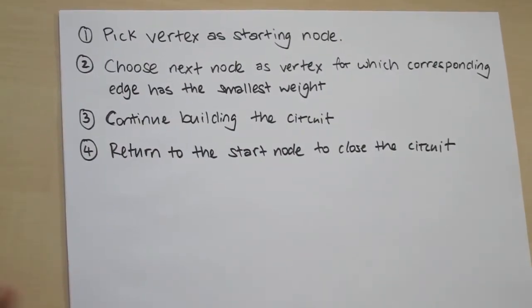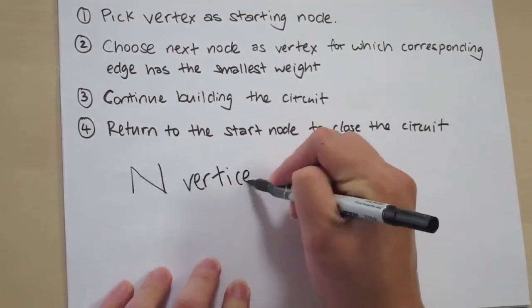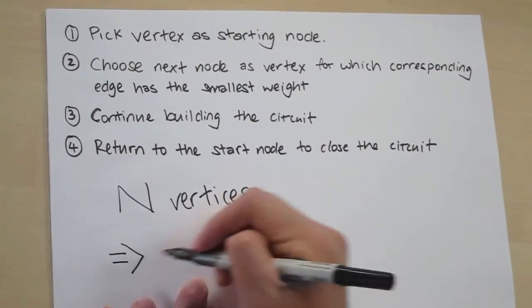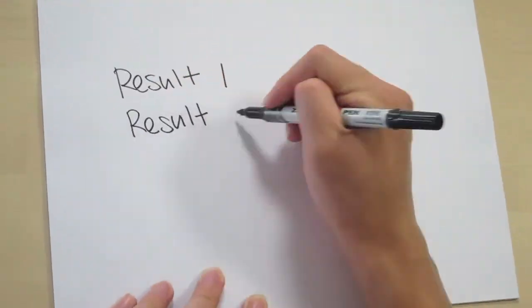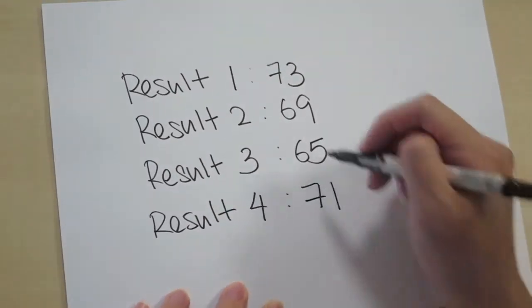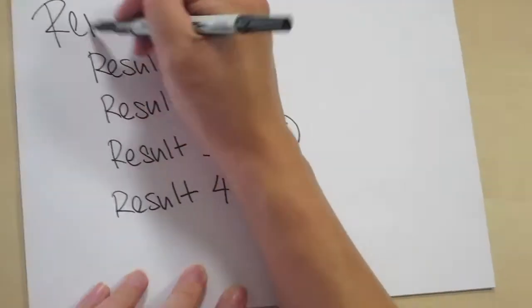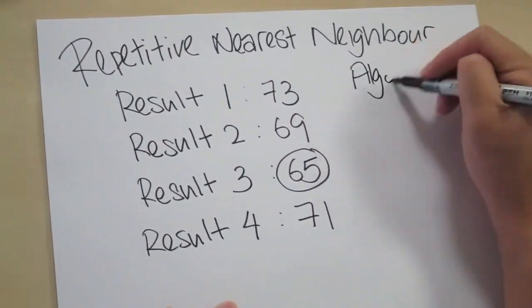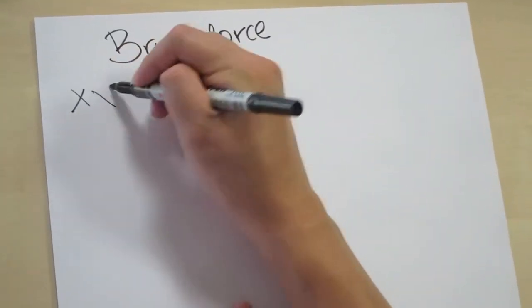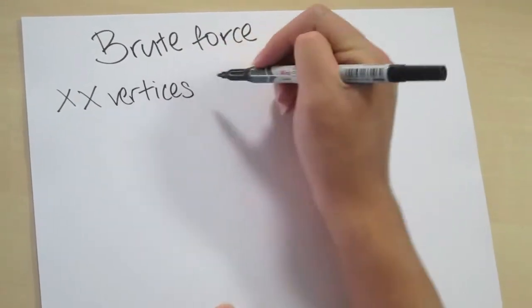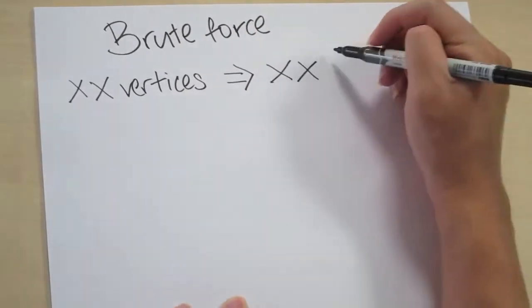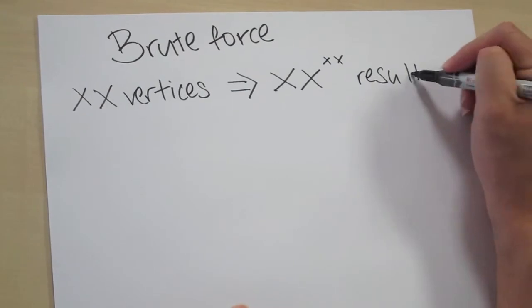By repeating the above steps for each of the n vertices, we can obtain n results. We compare these n results and use the shortest route. This is the repetitive nearest neighbor algorithm. When we have a large number of vertices, the brute force algorithm is not realistic as we have seen.